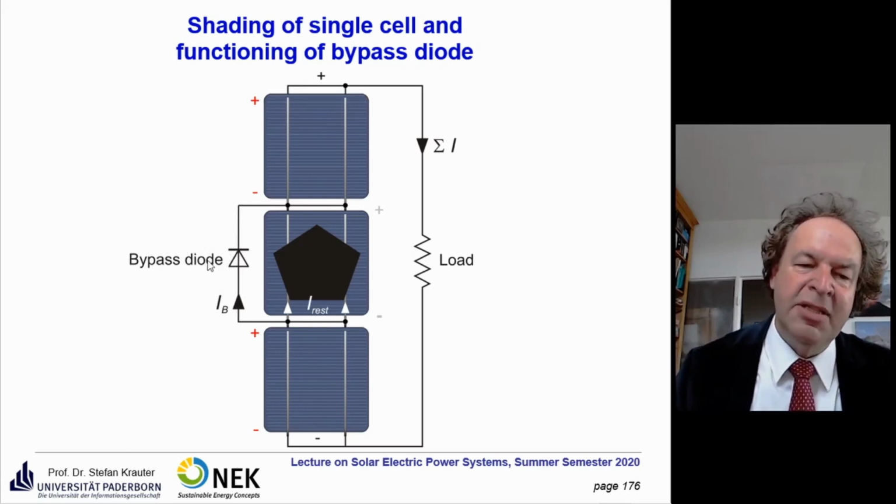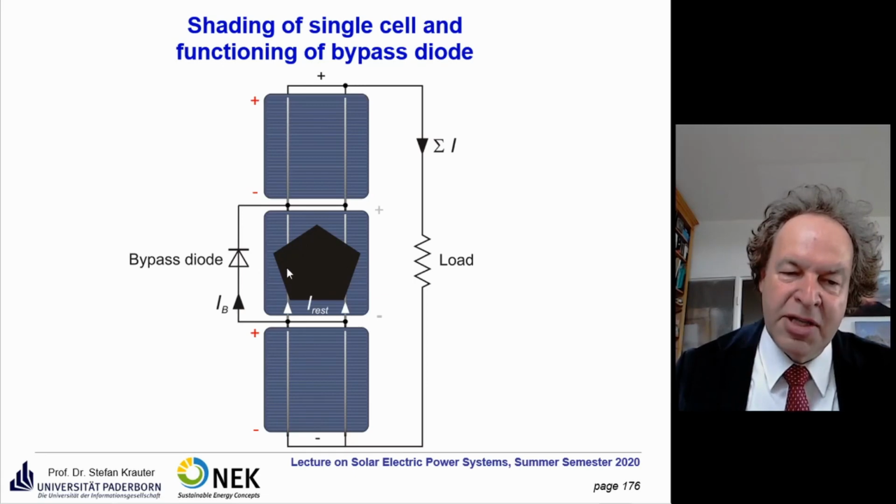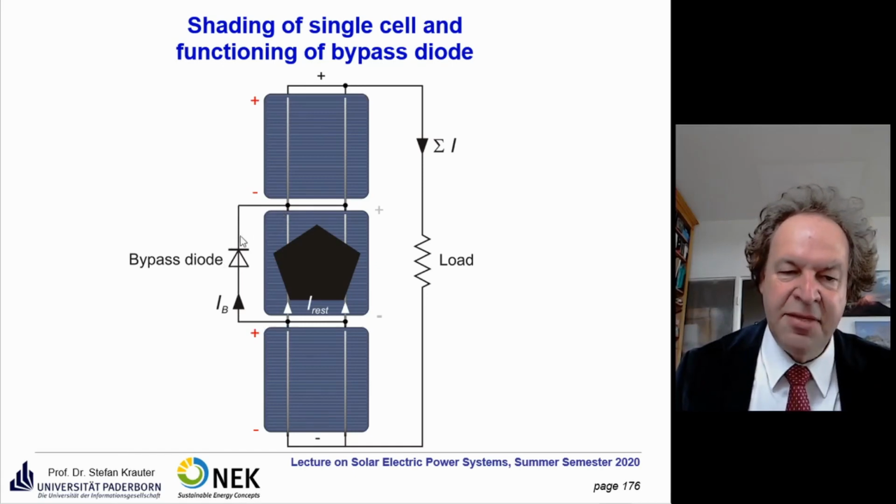But if you come now to the shadowed conditions, suddenly no current is going through this cell anymore, and we have here minus and plus. That means if you have minus at the cathode and plus at the anode, a current starts to flow here and bypasses that shadowed cell. And that's the effect of a bypass diode.